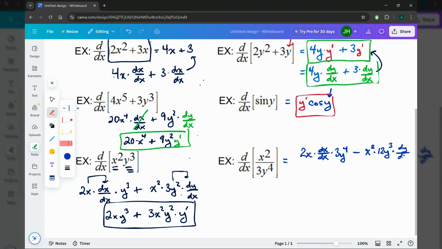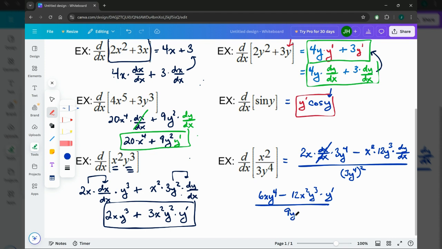It's dy dx. All over the bottom squared, which would be 3y to the 4th squared. Now, if I do some simplifying here, this is just 1. That first term would be 6x y to the 4th minus 12x squared y cubed y prime all over 9y to the 8th.